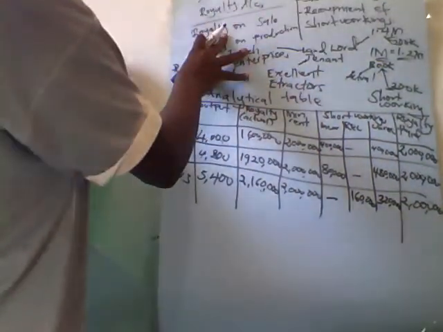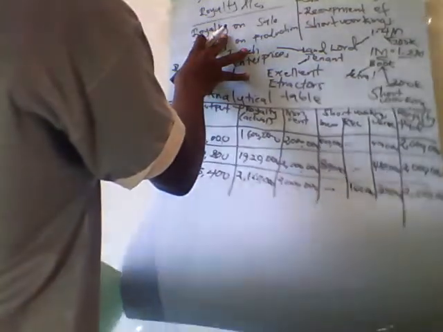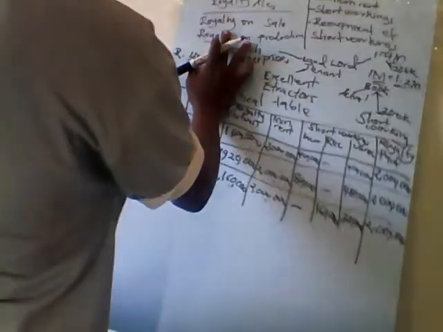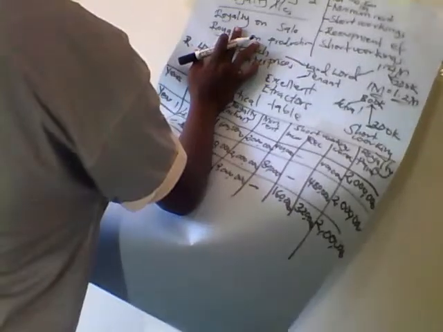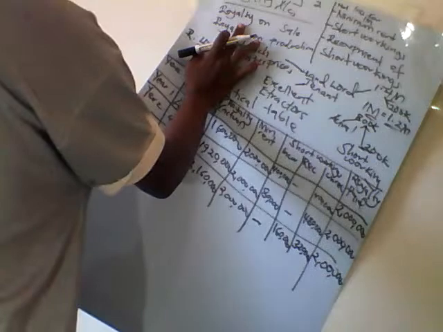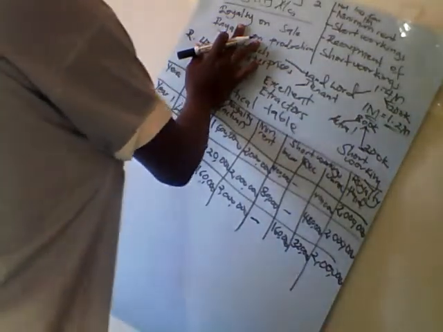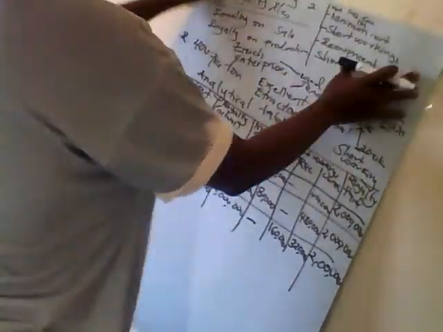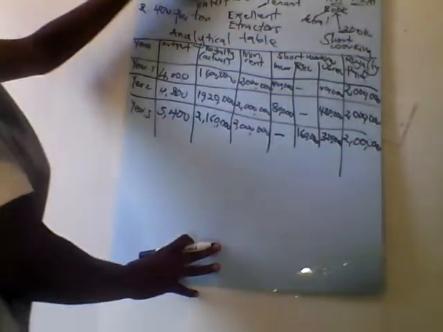So first they asked for the royalty payable account. Royalty payable is this one.